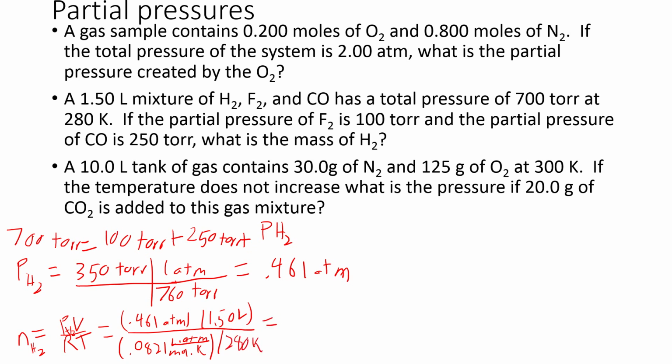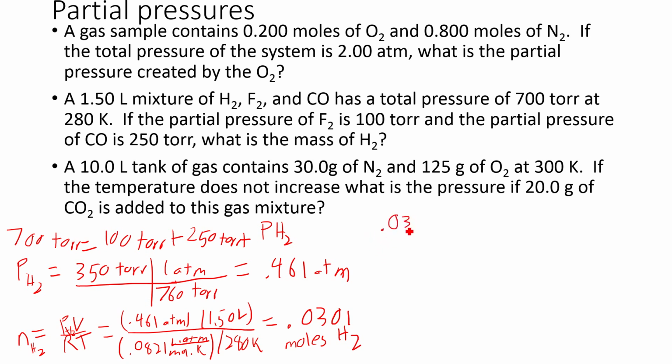From there we can find our moles of H2. 0.461 times 1.5 divided by 0.0821 divided by 280. So from here, we're going to get that we have 0.0301 moles of H2. So now, the problem wanted to know mass, not moles.